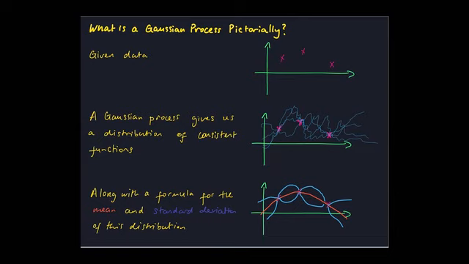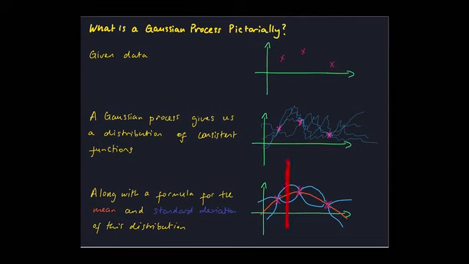The point of a Gaussian process is that it gives you a formula, a simple thing that you can easily code up. It just involves some matrices and some linear algebra. But it gives you a formula for both the mean function and the standard deviation. In other words, given a set of data, you can pick a new point on the x-axis and say, I really care about this point.